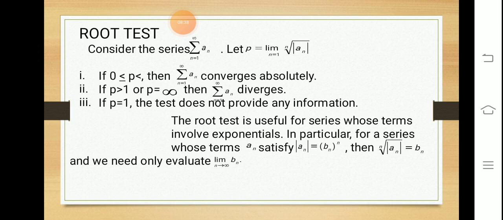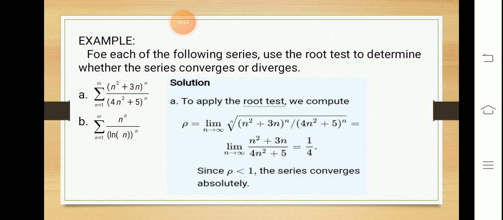The root test is useful for series whose terms involve exponentials, in particular for a series whose terms a sub n satisfy a sub n equals b sub n to the power of n. Then the nth root of a sub n equals b sub n, and we only need to evaluate the limit as n approaches infinity of b sub n. So here's the example.